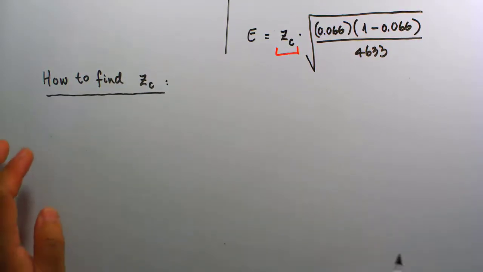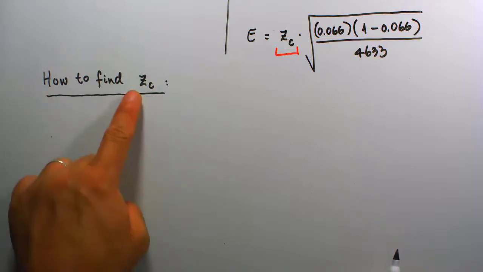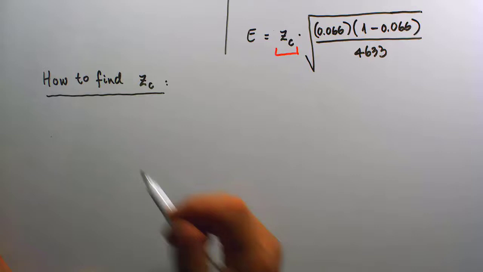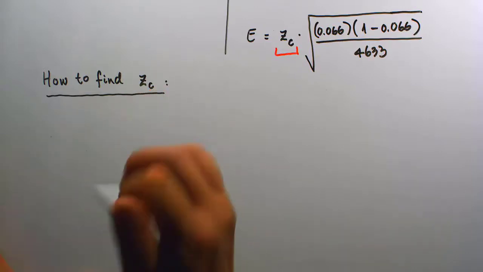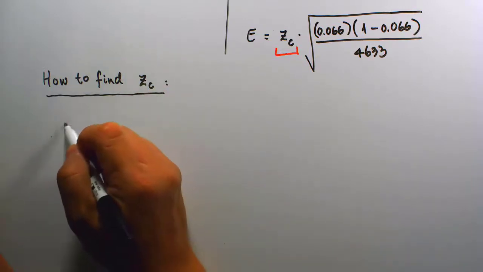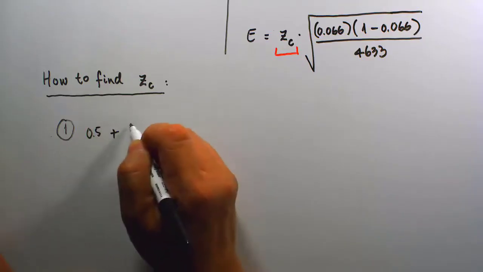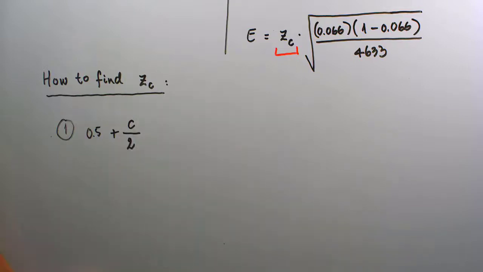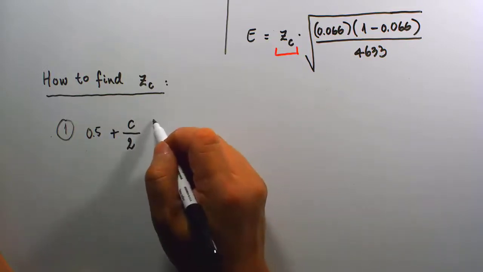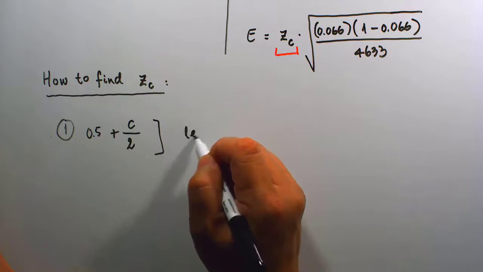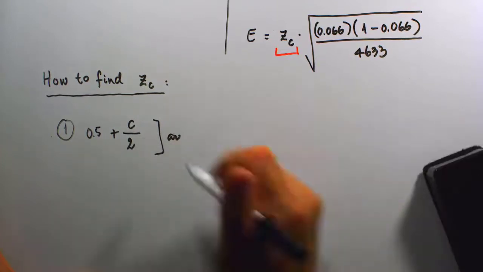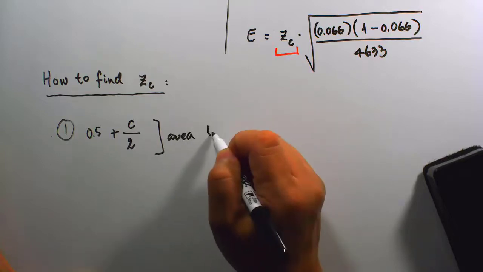And the 2 steps here are the critical steps. So now a brief reminder: the good thing is that finding z sub c can always stay in the same set of instructions. To find z sub c in general, all you need to do is, step 1, 0.5 plus your current given confidence level over 2. And this amount here is referred to as the area left.